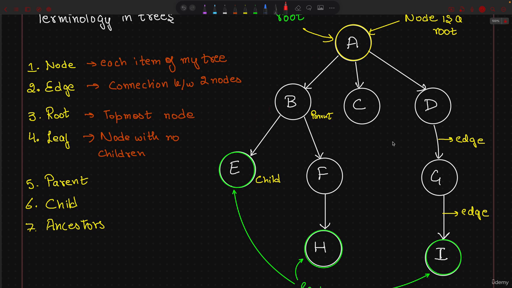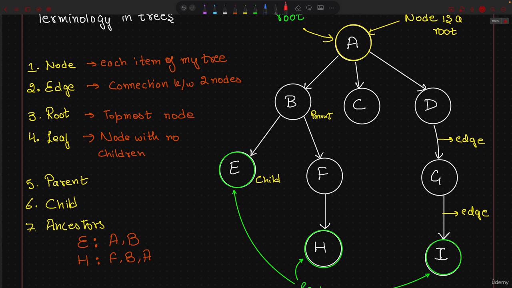So one thing to note here, when we talk about ancestors, where the major mistake is done: for E, its ancestors are B and A. So C and D are not its ancestors. So I will write this down as well. E's ancestors are A and B. Similarly, for H, the ancestors are F, B, and A.